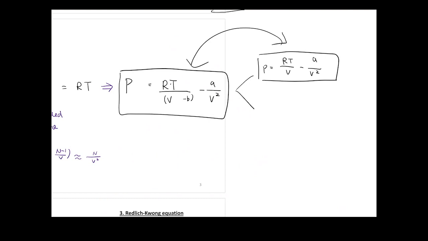It says, in the question, I can describe the real gas behavior using these equations. What it really says is that the volume of the real gas can be ignored. So the volume of gas molecules can be ignored.